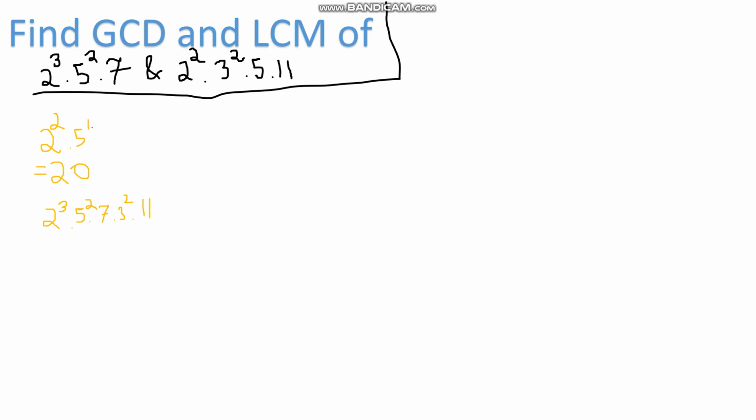Multiply it and get your answer. I am not multiplying it right now. Our answer will be 138,600.